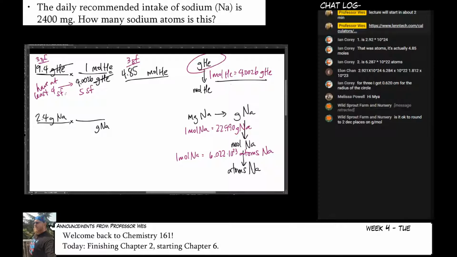Helium and hydrogen are the big offenders because they're so small. So if you only get 3 sig figs for your molar mass, you're going to limit your precision. So try to have 4 sig figs in any molar masses that you do. I'm a fan of just using all the digits that are given to you, even though almost none of them matter past 3 or 4, because that precision gets thrown away anyway.